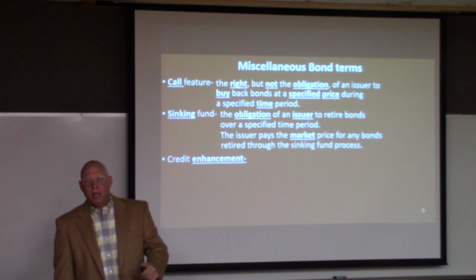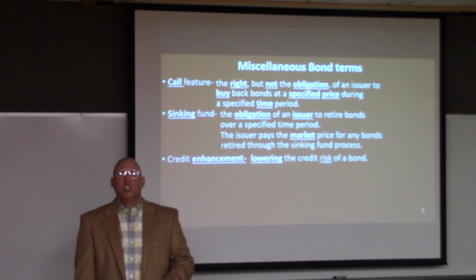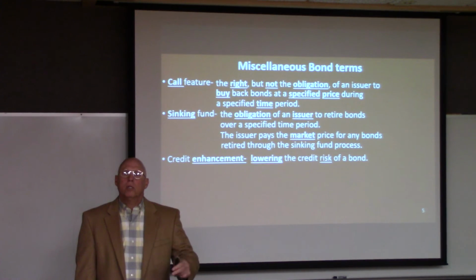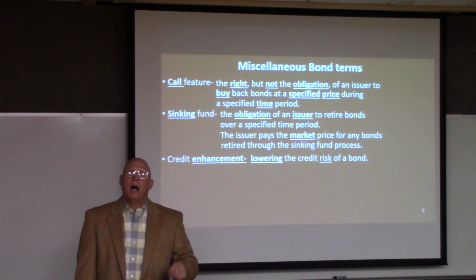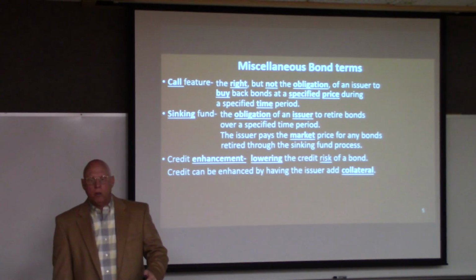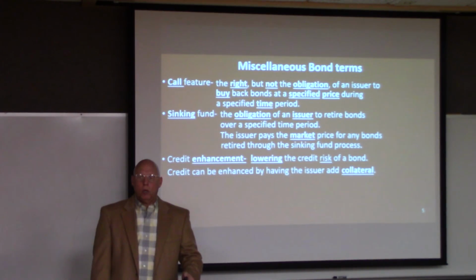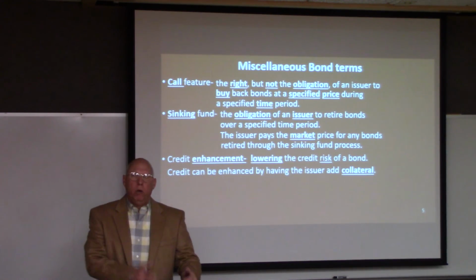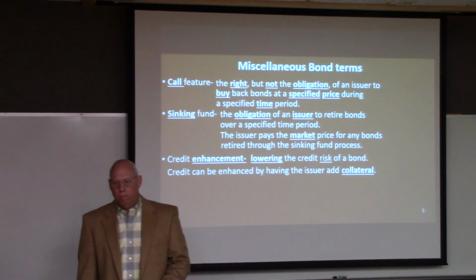All right, credit enhancement. What is credit enhancement? This is lowering the credit risk of a bond. Credit risk is the risk that a bond issuer will not pay back principal or interest. You can lower this risk by having the issuer add collateral to the bond. Hey, if we don't pay, you can take our building.